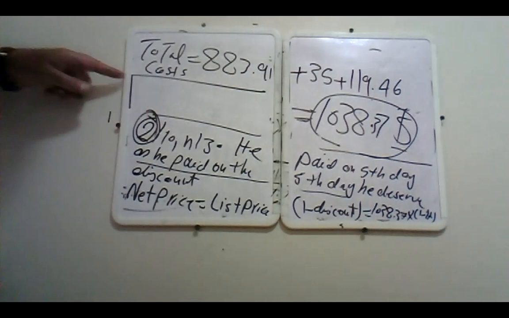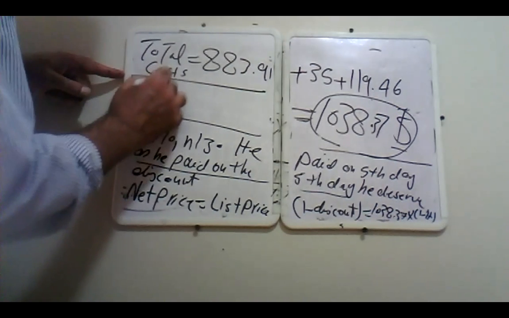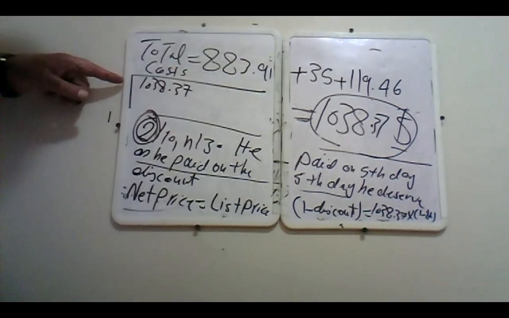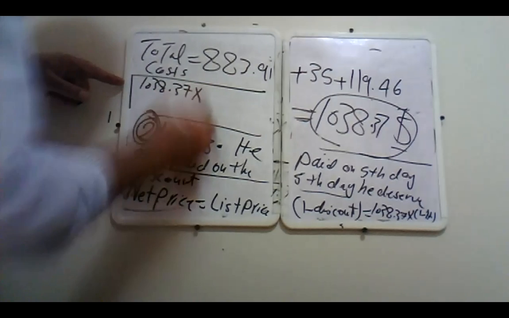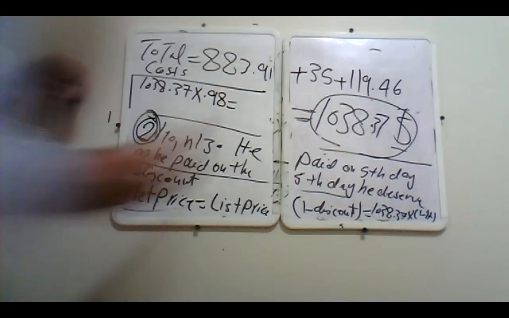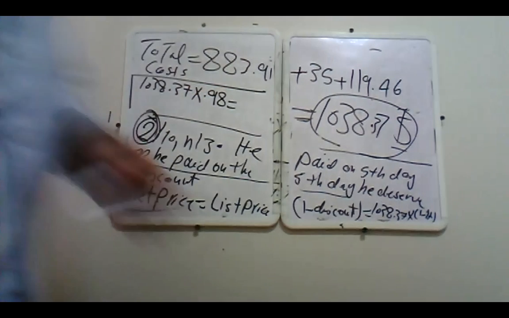he will pay 1038.37 multiplied by 0.98 and see what it will give you.